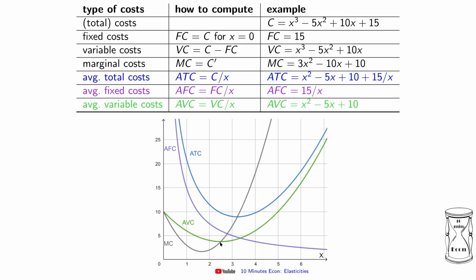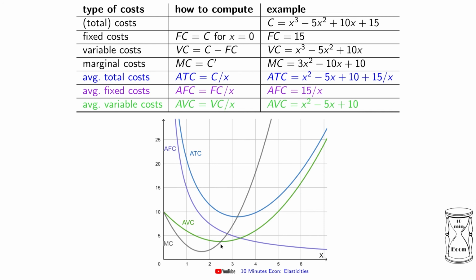We are just ignoring them when we make a decision because we have to pay them anyway. So the only relevant costs that we could avoid in the short run are the variable costs. But if the price in the market is even below the minimum of the average variable costs, then even in the short run, when we don't consider the fixed costs, it's still optimal for us to leave the market.